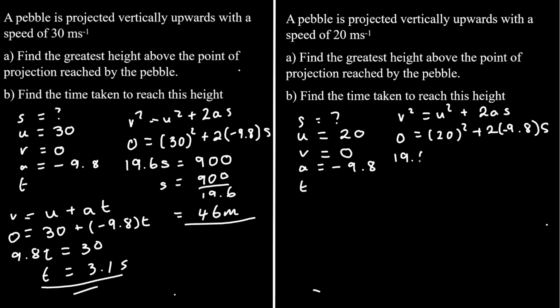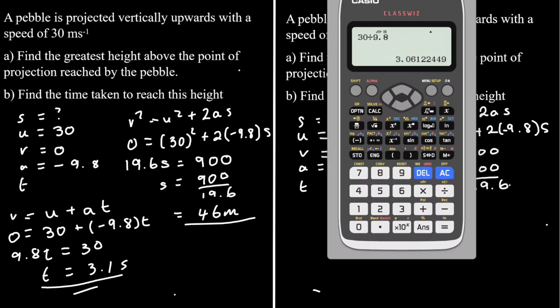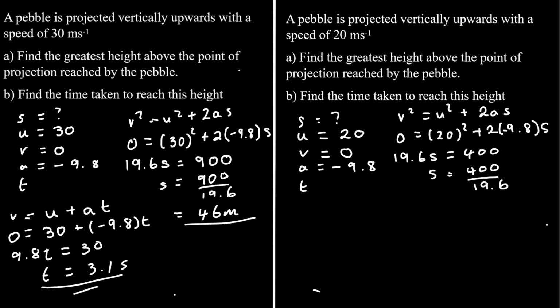So we get 19.6s equals 20 squared, which is 400. So s is going to be 400 divided by 19.6, and we get 20 to two significant figures, 20 meters.